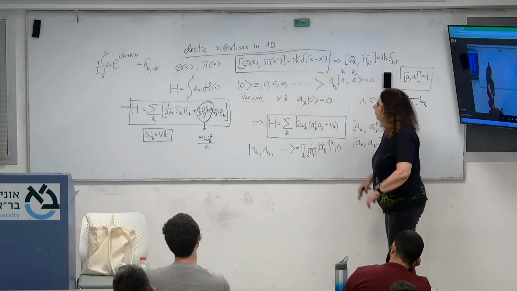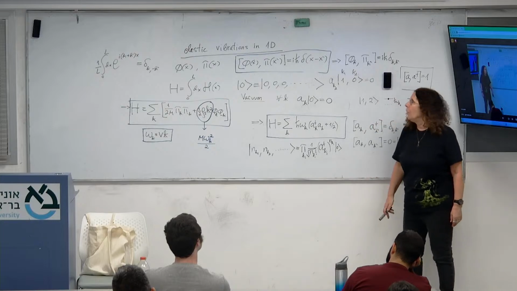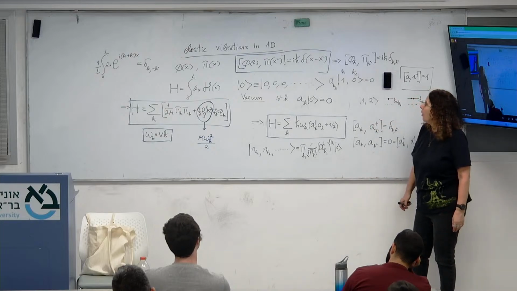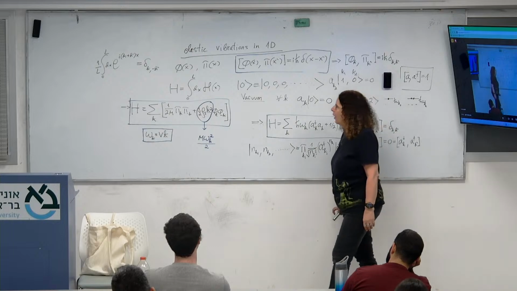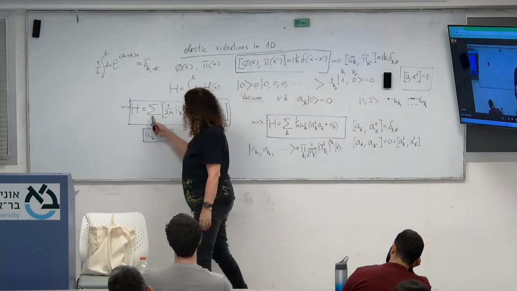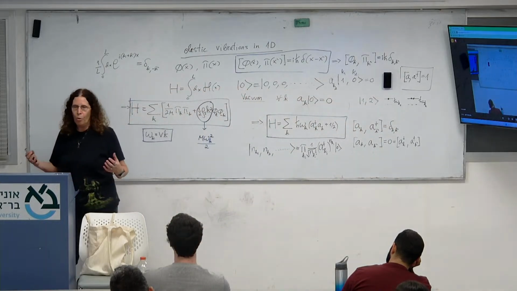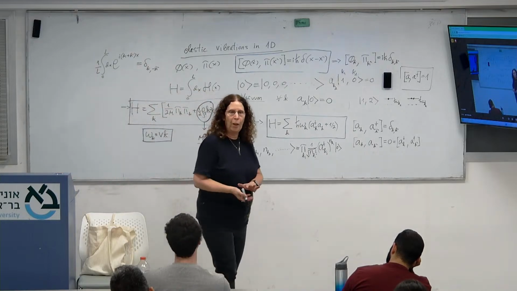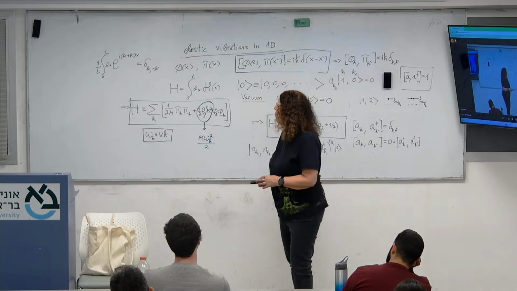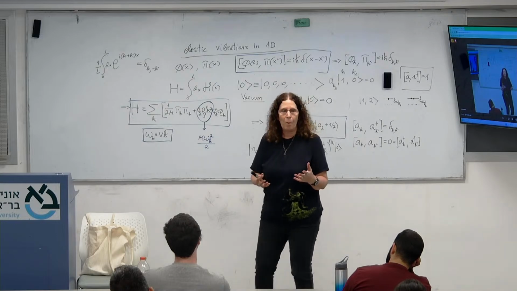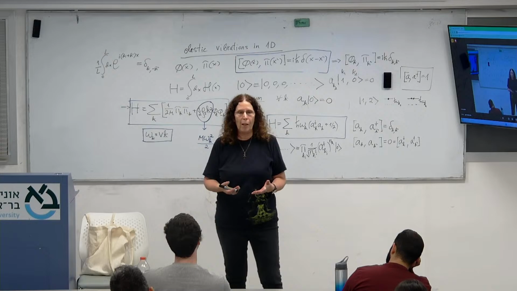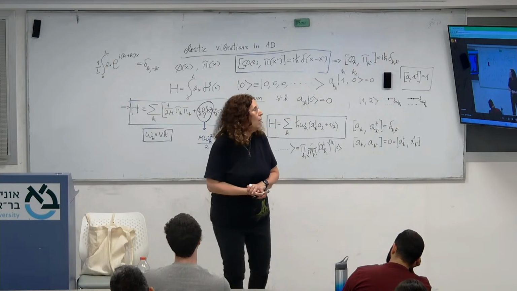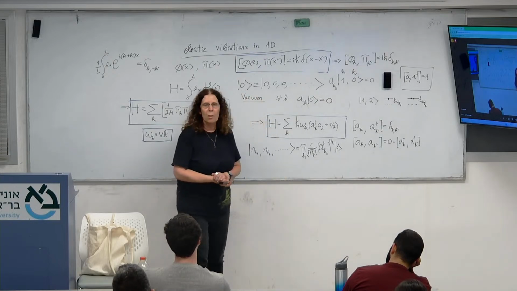Okay, so this is the description, and you see that we basically replaced our description of the elastic medium, starting from a field theory, and we reached a particle description. But we had to define some emergent particles, and we call them phonons.